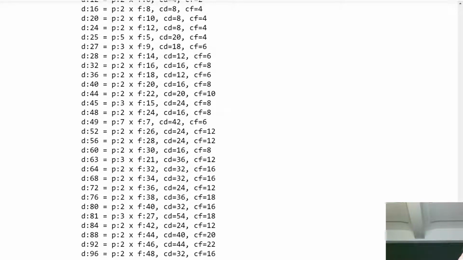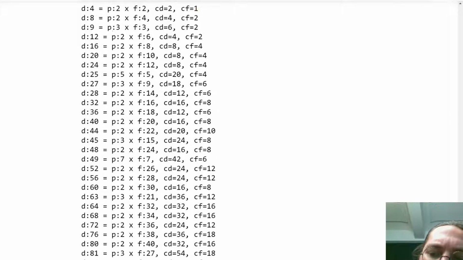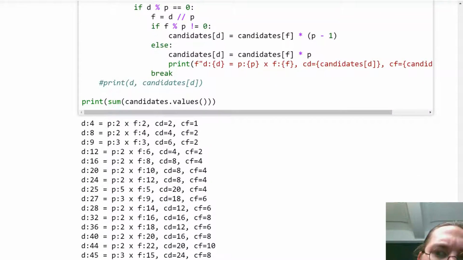But the second time that the 2 occurs, for example here, 48, you find a 2 and you take the one from 24, and the next one is exactly twice as big, because you don't introduce an extra factor. It is exactly the ones of 24 and another time the ones of 24, because you don't introduce the extra factor 2.